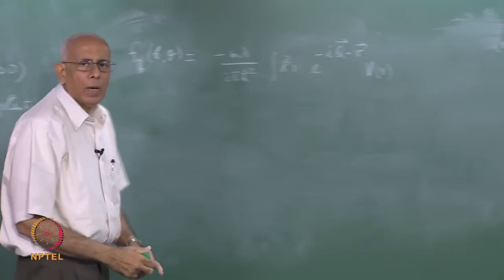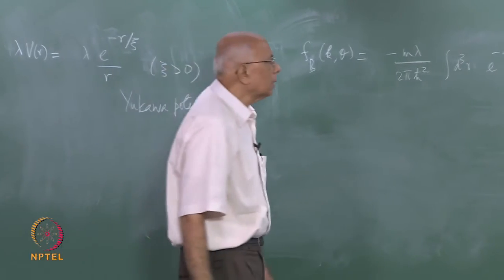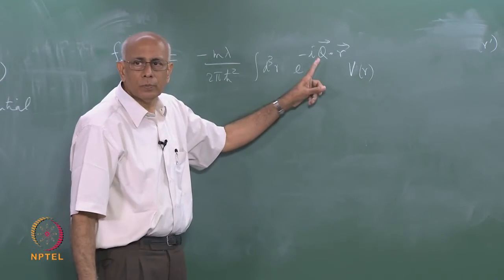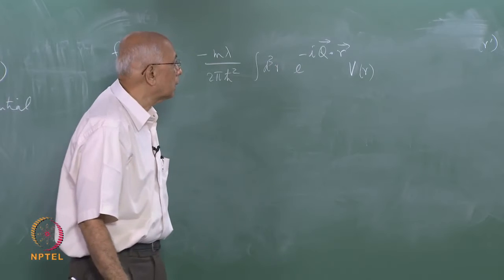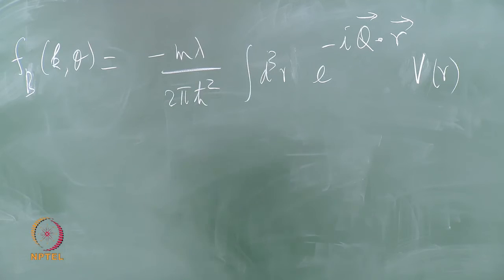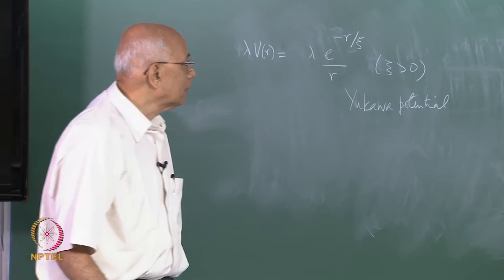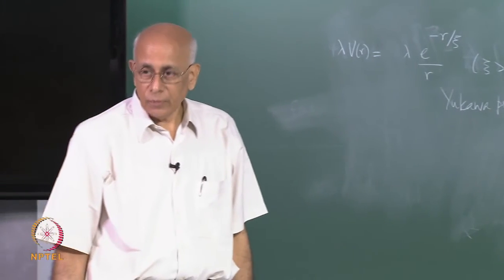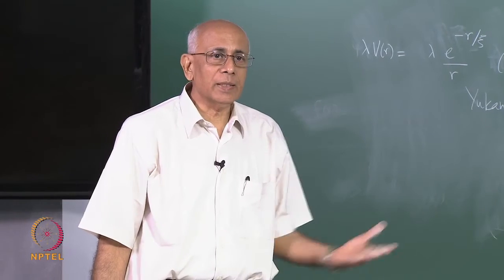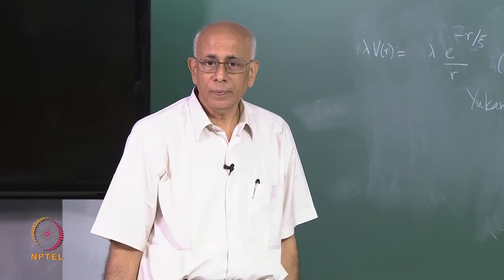I need to do this integral for a given momentum transfer q. What coordinate system should I choose? Spherical polar coordinates. Along which direction should I choose the polar axis? Along q, because that vector is sticking out.